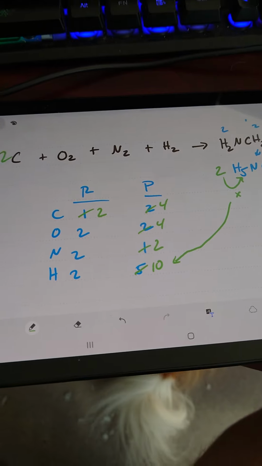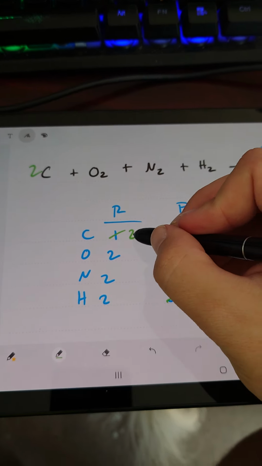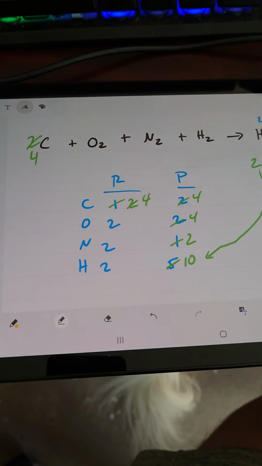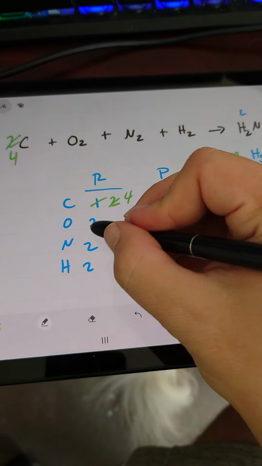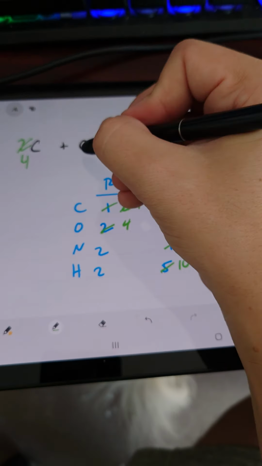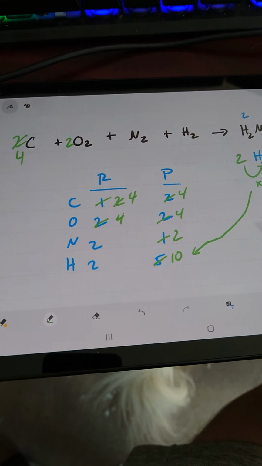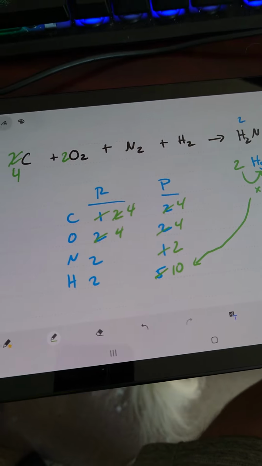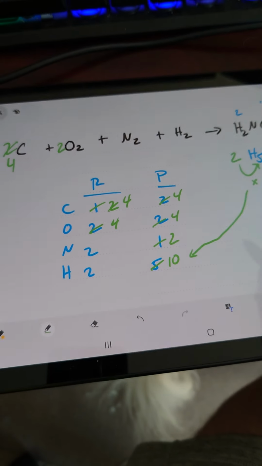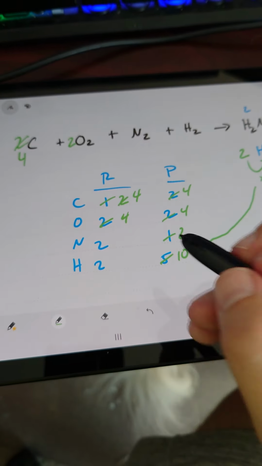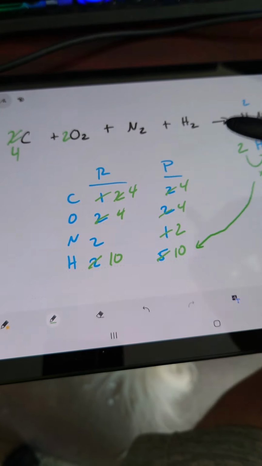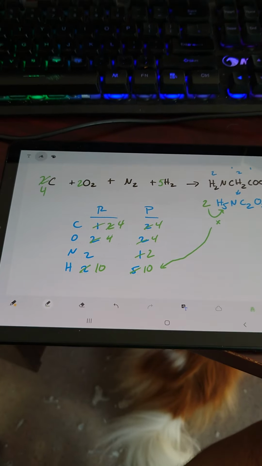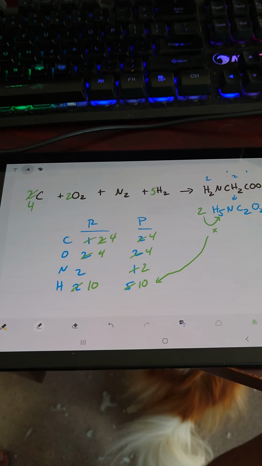If we need carbon to have 4, we make that a 4. If we need oxygens to have 4 as well, we can put a 2 there, because coefficient times subscript. Nitrogens, we are good. Hydrogens, we need 10, so we make this a 5.